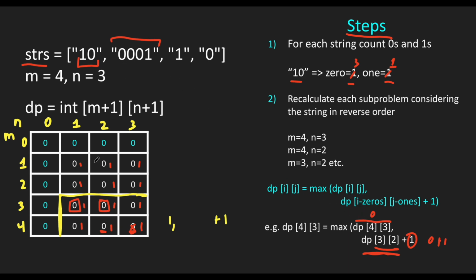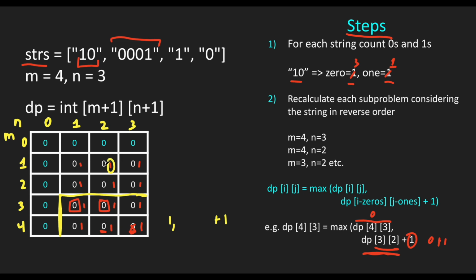So for example, in this case, 4 minus 3 gives us 1, which means that m is equal to 1, and 3 minus 2 gives us 1, which means that we are taking whatever the value is here, right? Again, that's why we are calculating for every case.